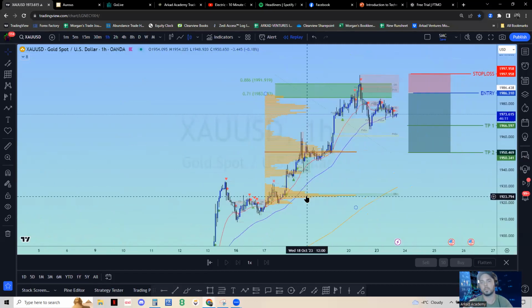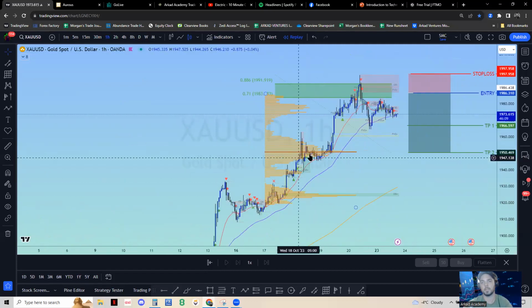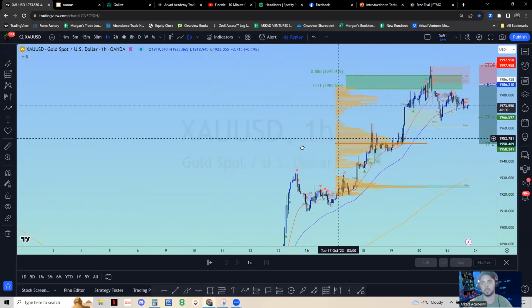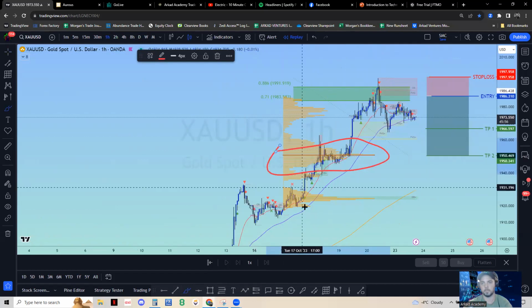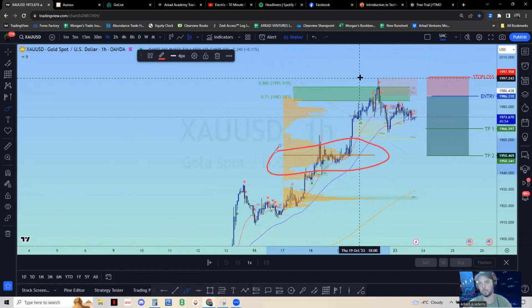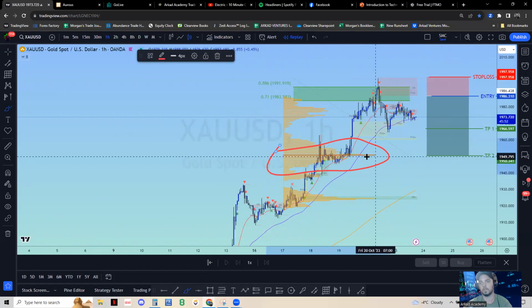It's showing us where the most buying and selling is happening. And this red line is the point of control. That's where most of the buying and selling occurs in that time frame, in that range that we choose. I usually go swing high to swing low. So that's another indicator that you can target for take profits.